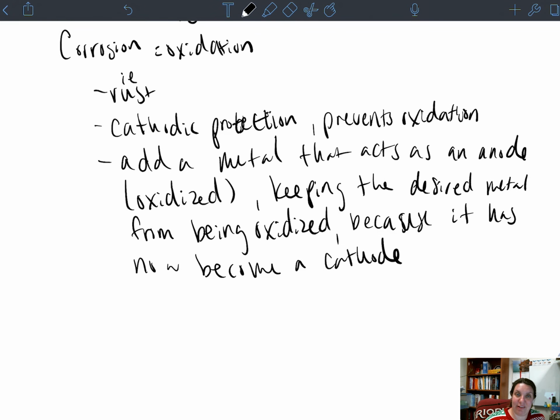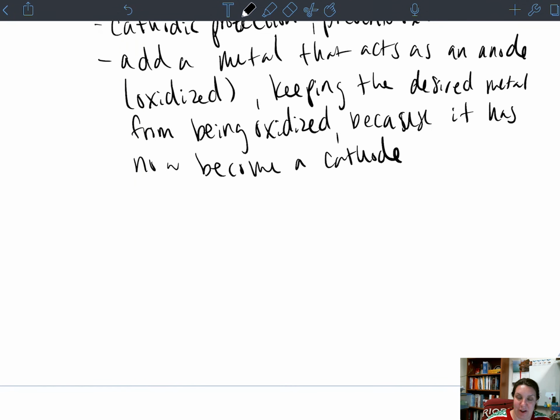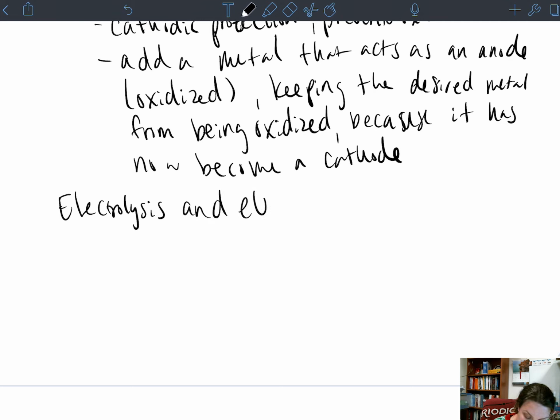Okay. Next thing we're going to be looking at in this final lecture of our class is electrolysis and electrolytic cells. Electrolysis is a non-spontaneous reaction driven by the addition of electrical energy.